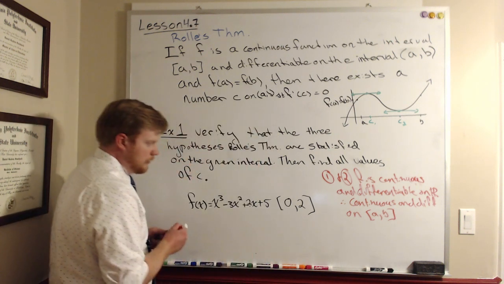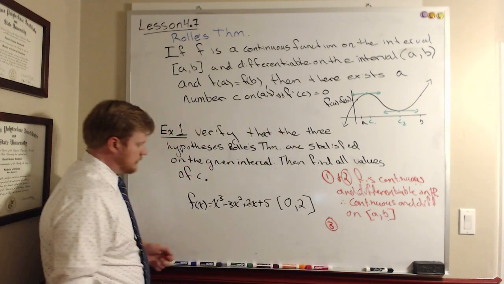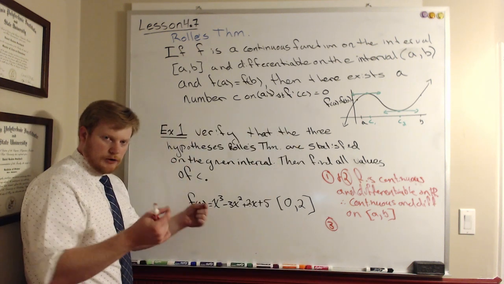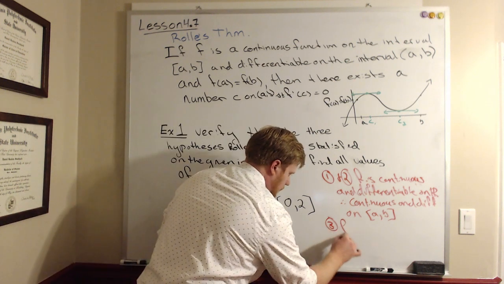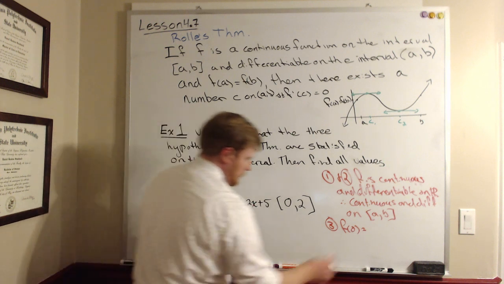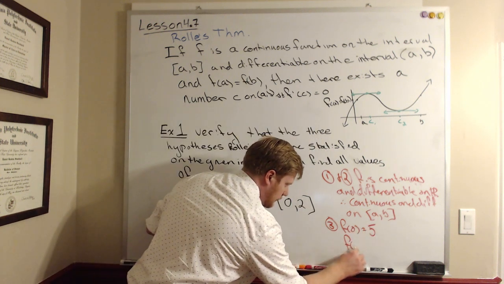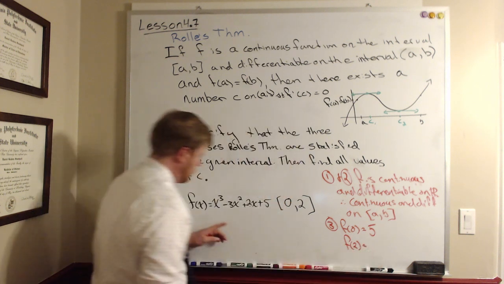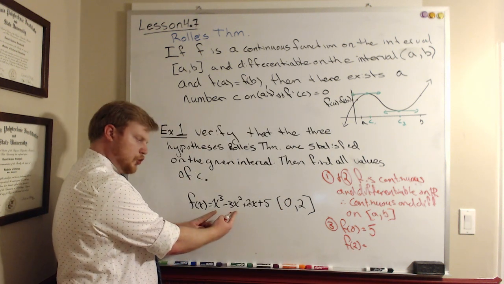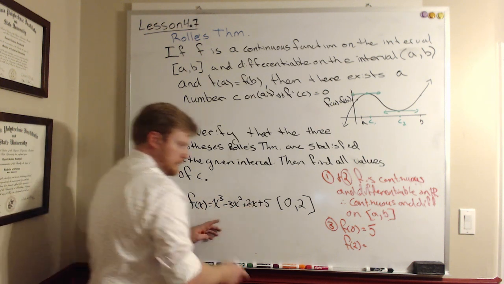Now the third thing is where I actually have to do some work. The third thing says that the values of the endpoints have to be equal. So f of 0 is 5. f of 2 is 8 minus 12 plus 4 plus 5. That's 5.